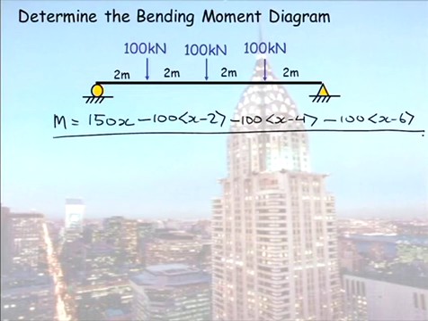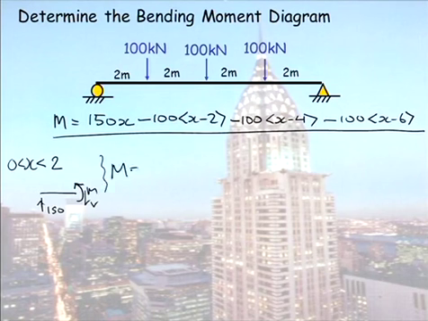Now these brackets have the ability to turn themselves off and on. So when x is between 0 and 2 metres, that's where I'm cutting the beam before any point load. What is my expression for my moment equal to? It's equal to 150x. All my other terms cancel out.